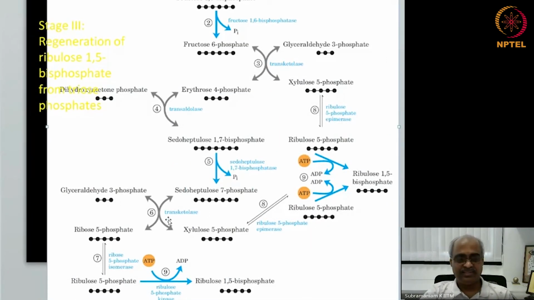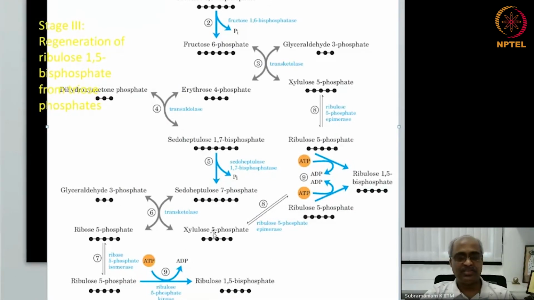And this molecule, via another ketolase reaction, a transketolase reaction, has one more glyceraldehyde phosphate entering. First one we saw, then second one, and third one here. And that produces 2 pentoses, one aldose and one ketose, a keto sugar. And these molecules isomerize, losing and gaining a phosphate, to become ribulose 1,5-bisphosphate.